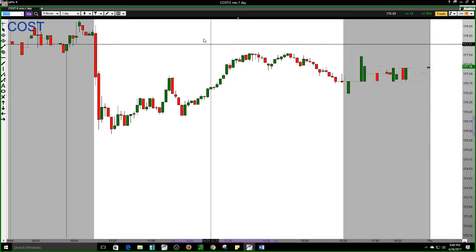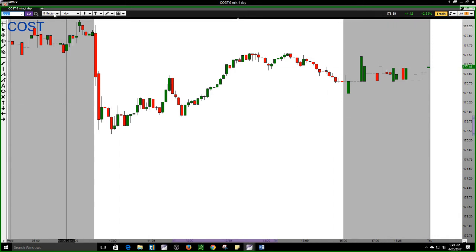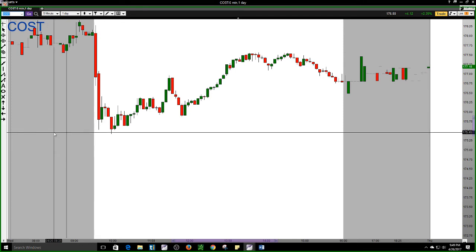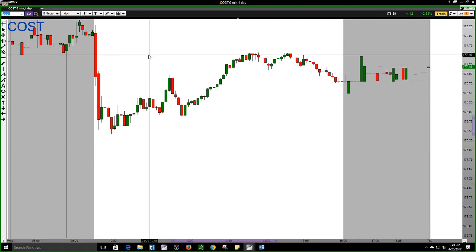Right here, 5 minute time frame, 1 day, and it'll say it right here too, 5 minute there. So it really comes down to you and your trading. And now, shoot some questions.